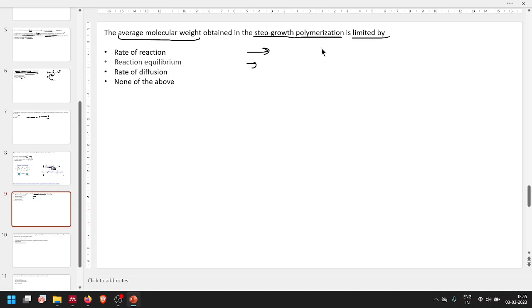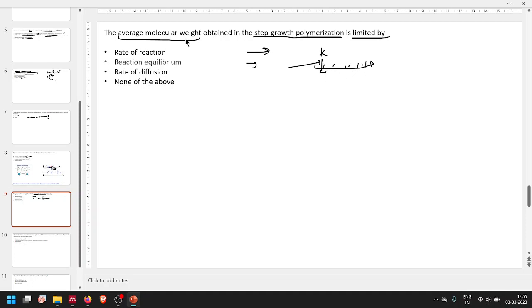Whereas reaction equilibrium plays an important role, because the equilibrium shift is the place where the reaction would stop occurring, and as the reaction is nearing the end, it starts forming its highest molecular weight polymers.